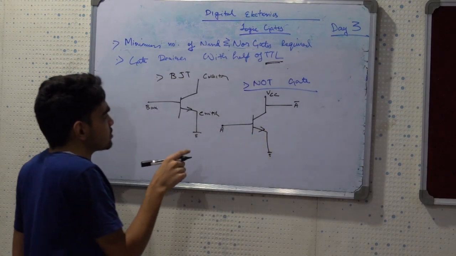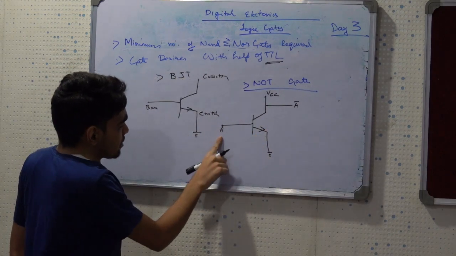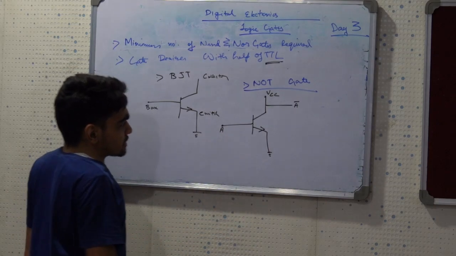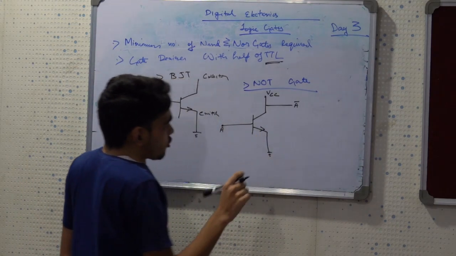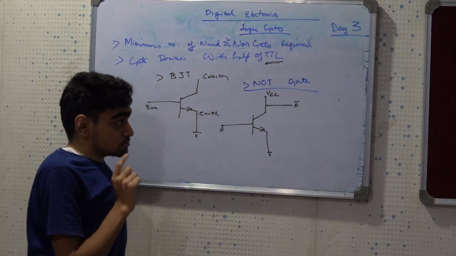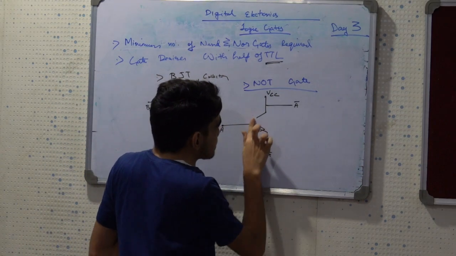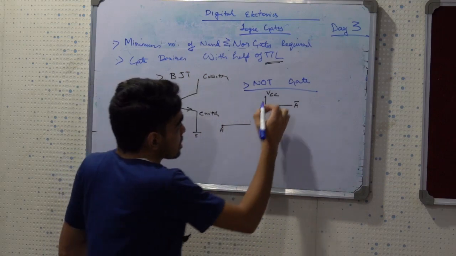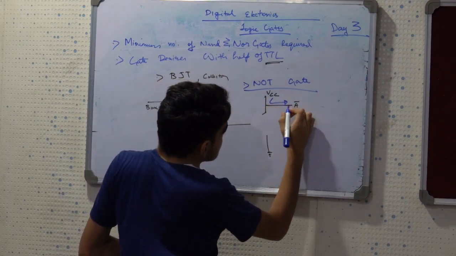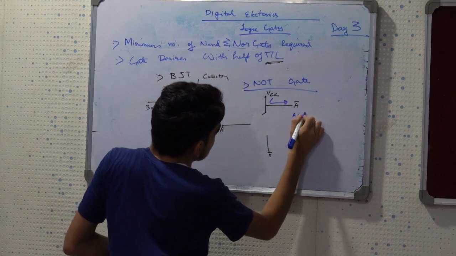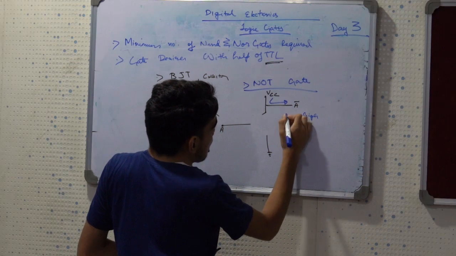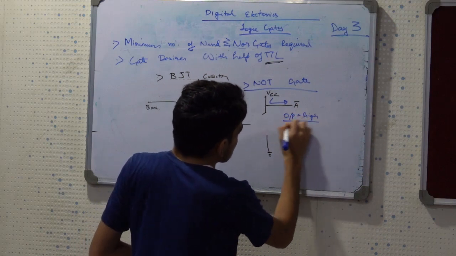Whenever A is high, the BJT comes in cutoff region. Whenever it comes in cutoff region, the BJT is short circuited, and as the BJT is short circuited, the output over here is high. So A equal to high, the output over here is high.